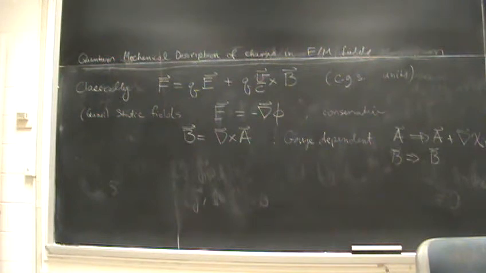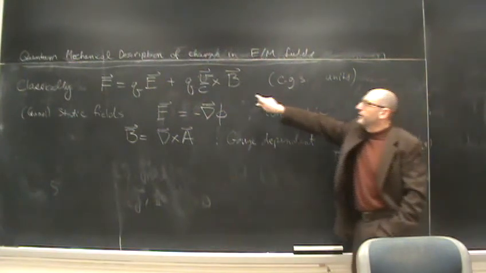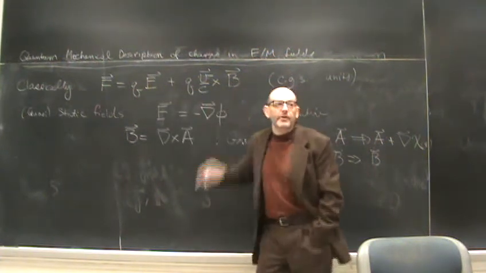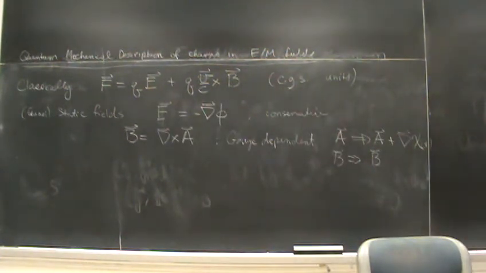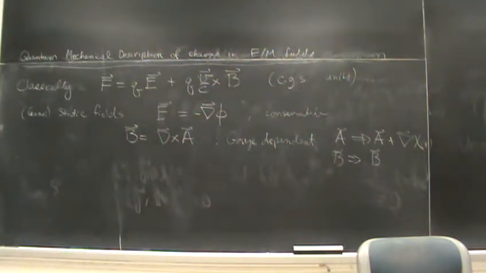So whatever physics there is can't depend on the gauge, because at the end of the day, two different vector potentials lead to exactly the same magnetic field, and according to the Lorentz force law, the particle moves under the influence of the magnetic field, and not A. So from this point of view, A is just an invention of the mathematics. I'll come back to that important point, probably in this lecture: what it means in quantum mechanics.